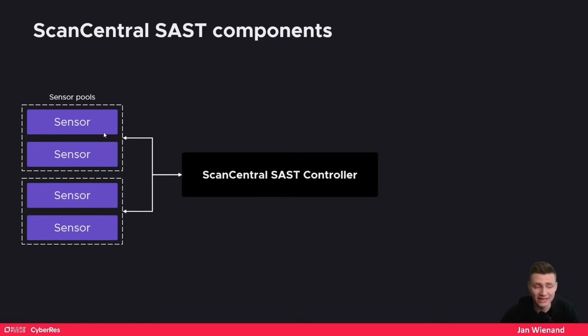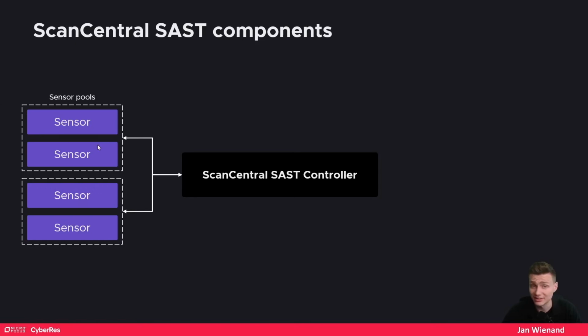And you can manage these sensors by using sensor pools. So that means if you have different sensors with different Fortify versions in different environments that you want to use, you can absolutely do this. But you need to manage that in some way, and there you can use the sensor pool.